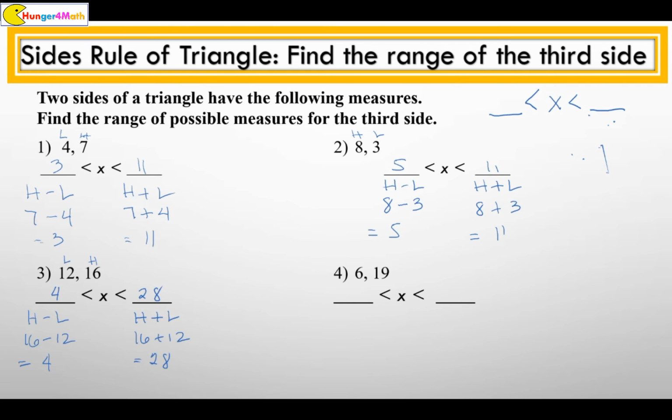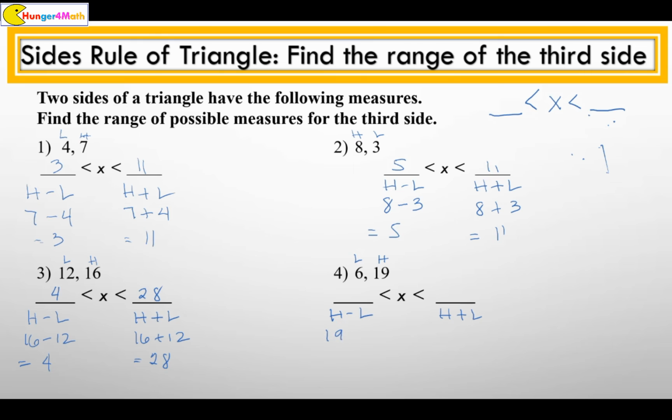Moving on to our number 4 with the two side lengths of 6 and 19. So here, higher minus lower and higher plus the lower. 6 will be our lower number and 19 will be our higher number. Let's substitute.